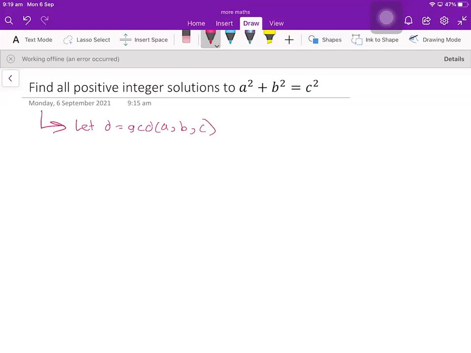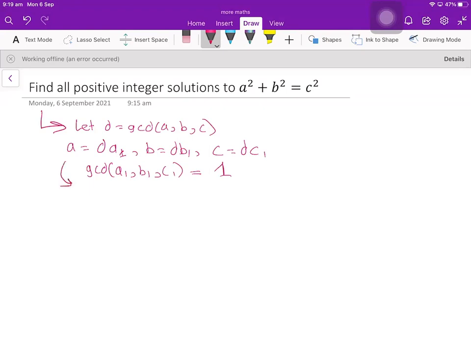This means we can write a as d times some number a1, and b as d times some number b1, and c as d times c1. And since we factored out the GCD of the numbers a1, b1, and c1, this must equal 1 because we've fully taken out the greatest common factor.